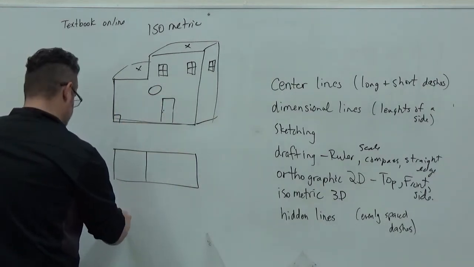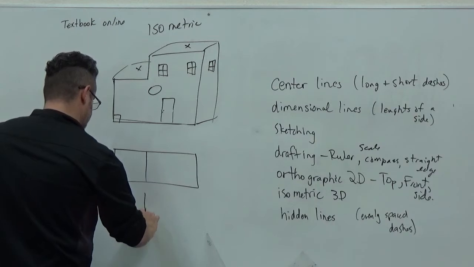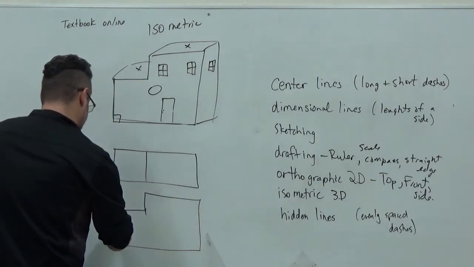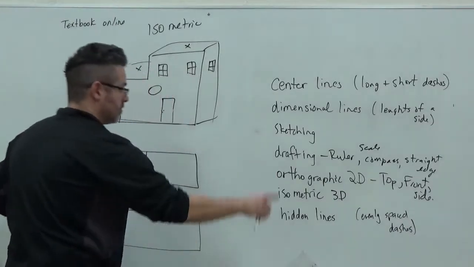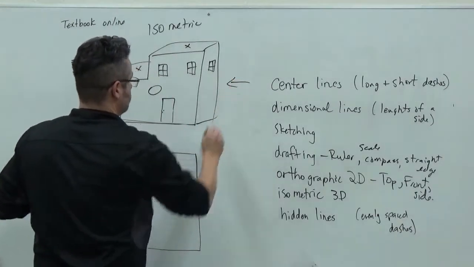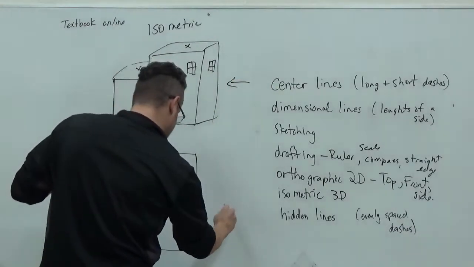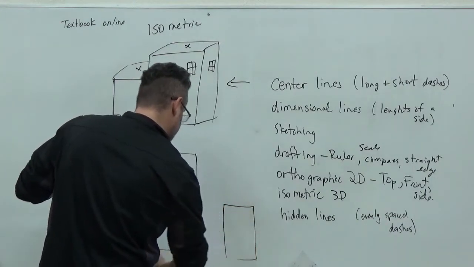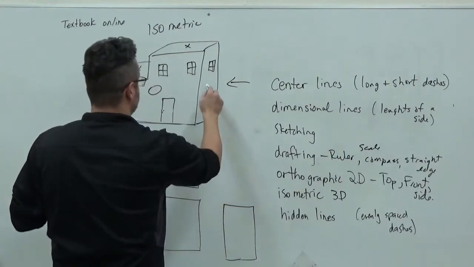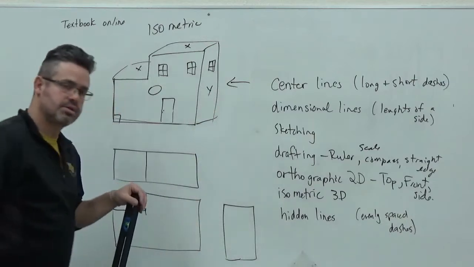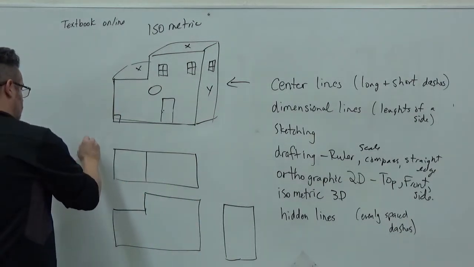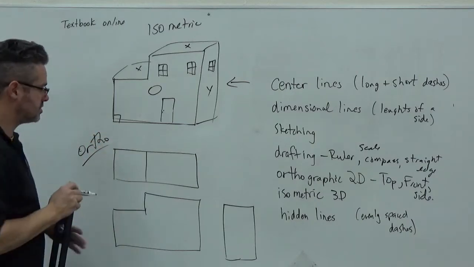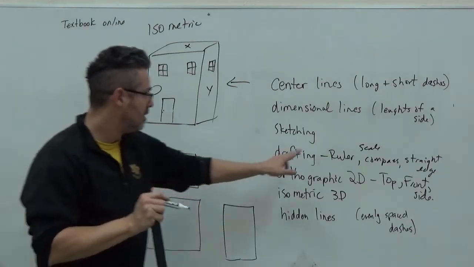Well, it's going to look like this. And then what does it look like from the side? It just looks like a rectangle. This is called the orthographic. This is your orthographic picture.